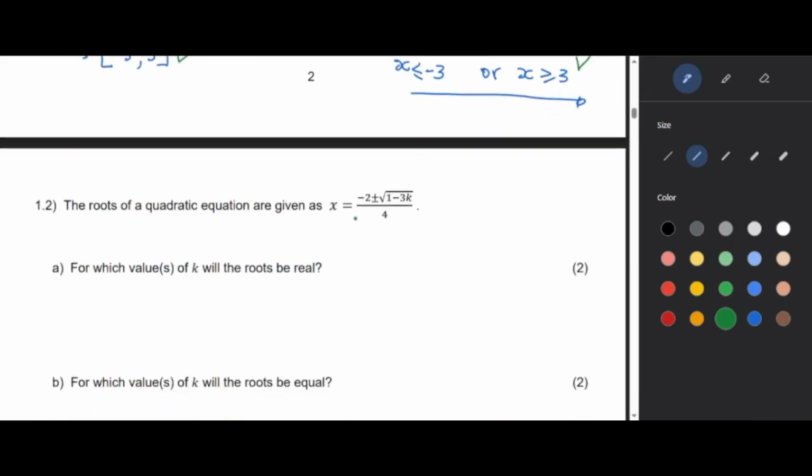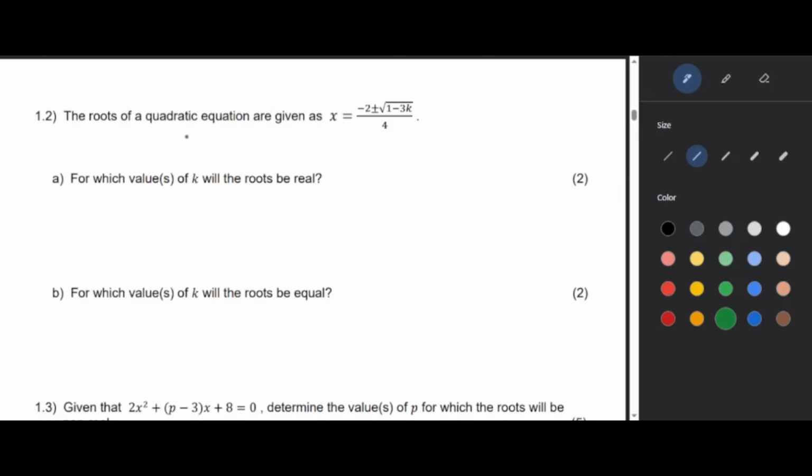Nature of the roots. So now, they say that the roots of a quadratic equation are given, and we can see that. And the question is asking for which values of k will the roots be real? I think before I explain this, I need to teach you guys something.